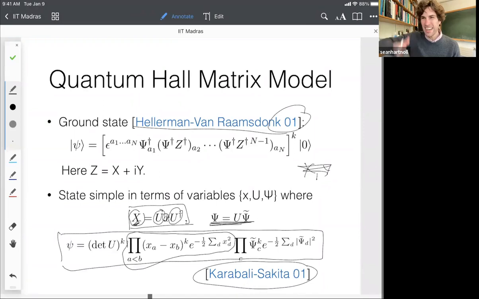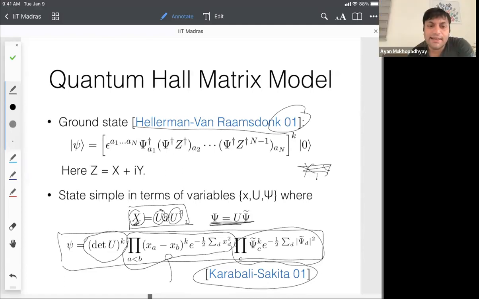And remember, diagonalizing x is something we want to do to make this vertical cut. So this is a nice representation. This thing is an overall phase that corresponds with the charge k under this Gauss law. And then there's also some wave function for the vector parts that's not going to be important. This wave function may be familiar from single matrix quantum mechanics. So we just know the state.